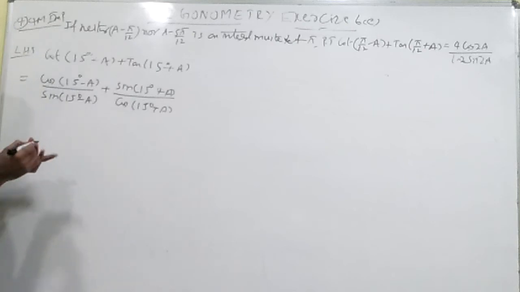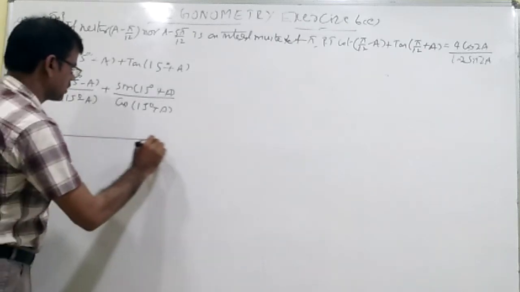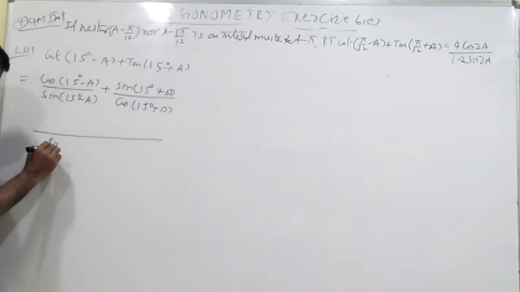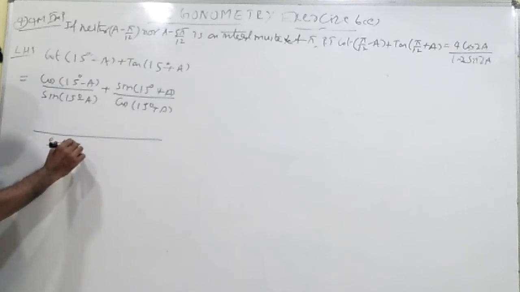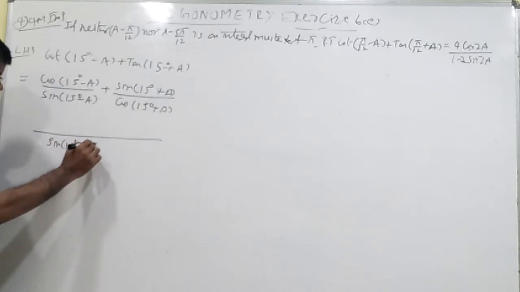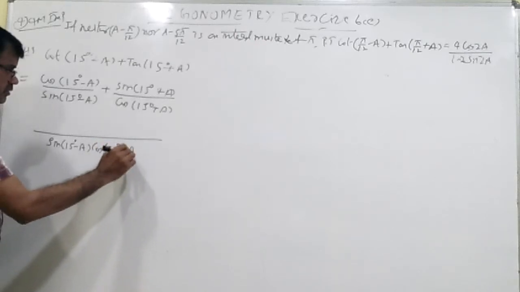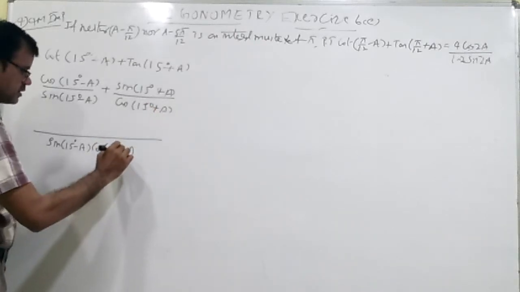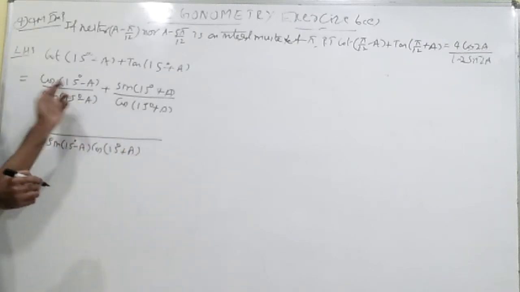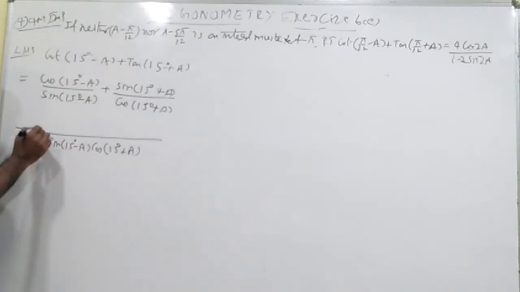Now take LCM. In the denominator you will get sin of (15 minus a) degrees into cos of (15 plus a). Not minus a, this is plus a. Now this into this and this into this.